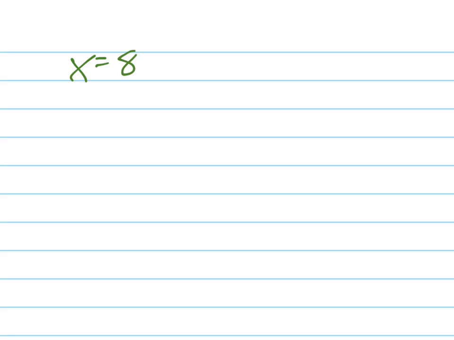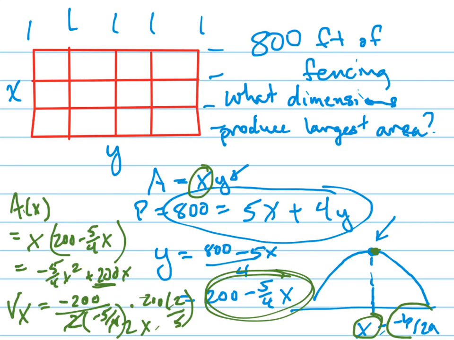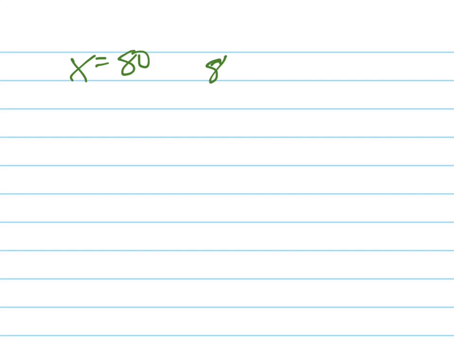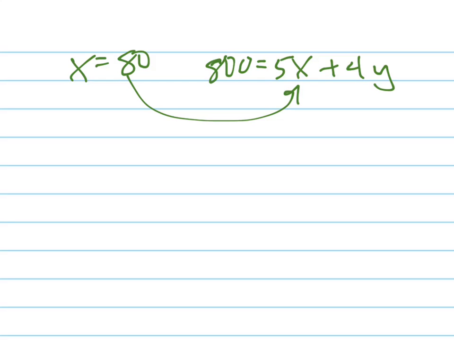If x equals 80, then what does y equal? Well, let's find our equation. What did we say? 800 equals 5x plus 4y. Plug that back in. 80 times 5 is 450.